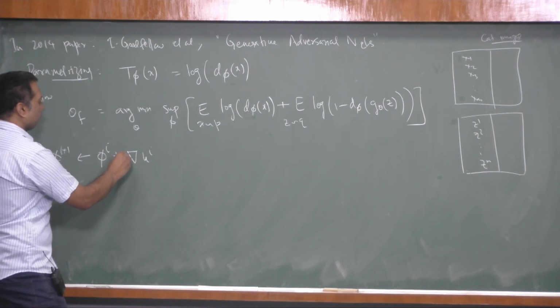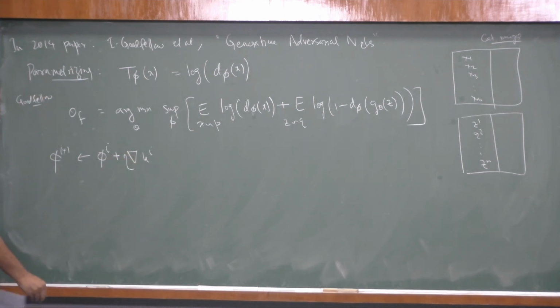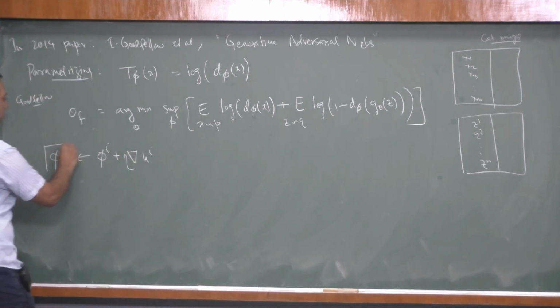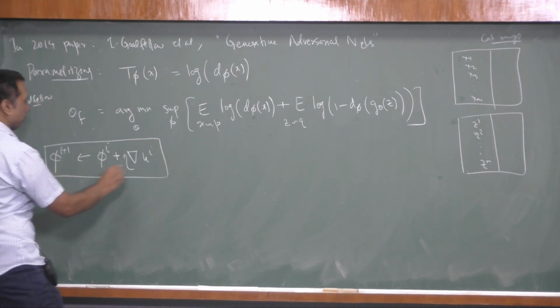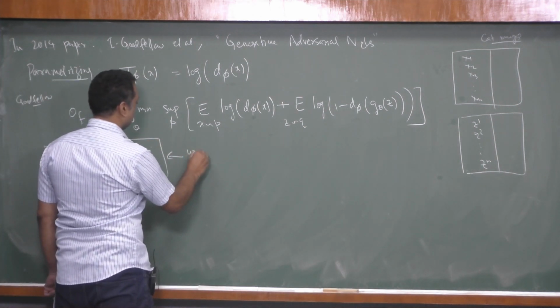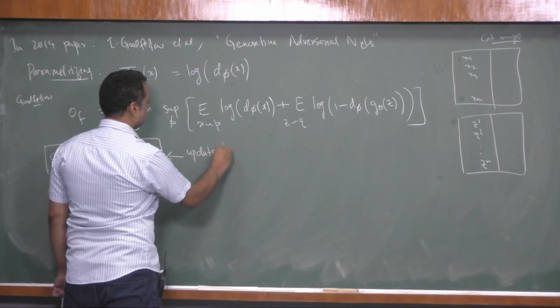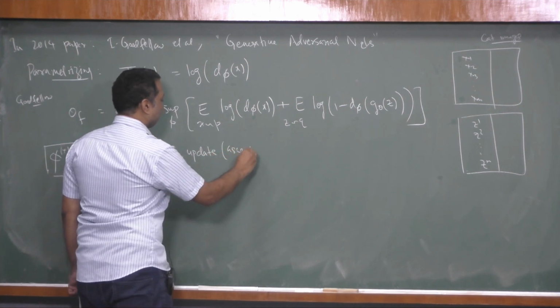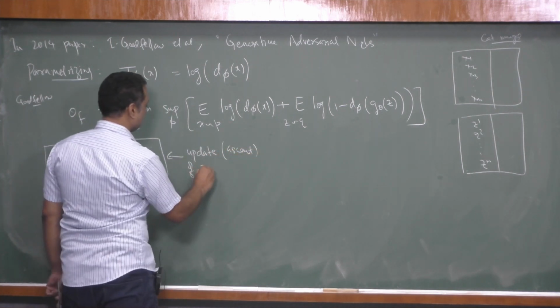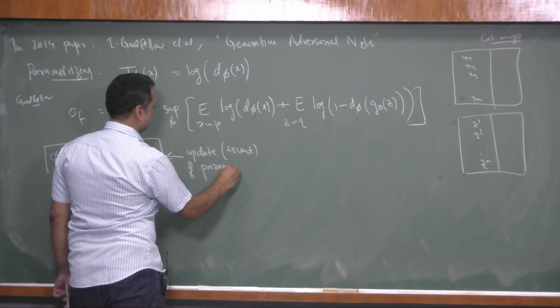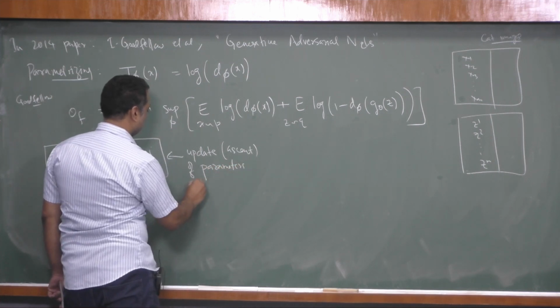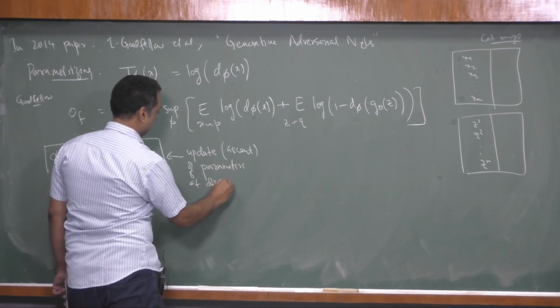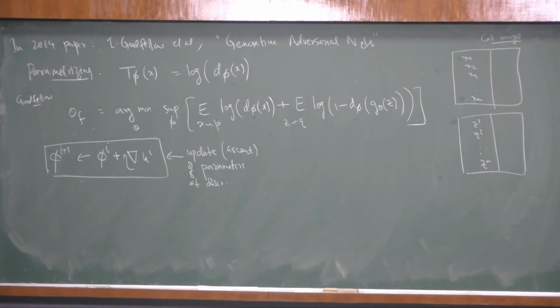And you can use some learning rate eta. Okay, so this is the update, let us say, of the discriminator, the ascent of parameters of the discriminator, right?